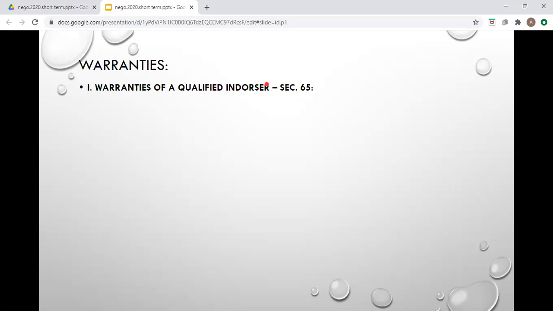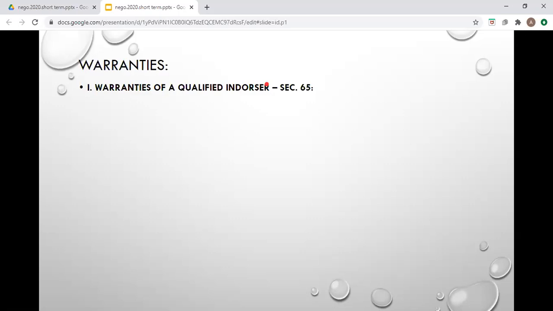Section 65 refers to the warranties made by a qualified endorser as well as by a person who negotiates an instrument by delivery. Section 66, on the other hand, refers to warranties made by a general endorser. Siguro tatanong kayo, sir, wala naman tayong napag-aralan na general endorser. Saan mo na naman pinagkukuha yung sinasabi mong general endorser? Well, very easy.